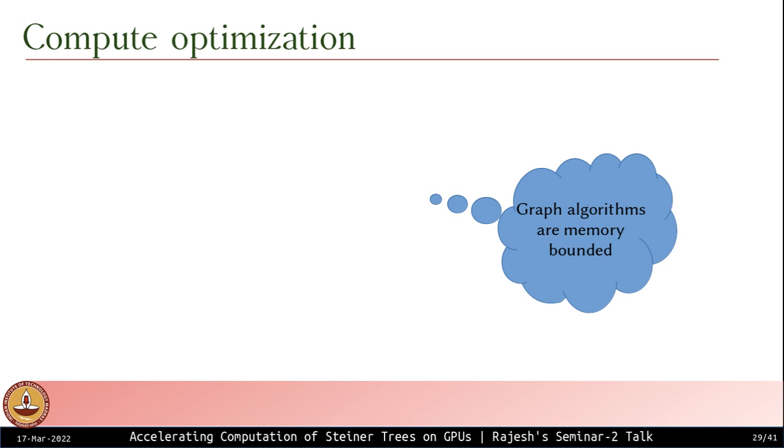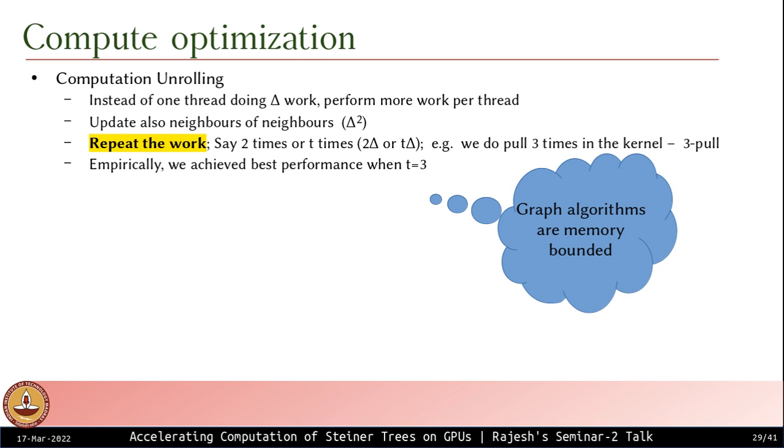Graph algorithms in general are memory bound, so there are lots of load and store operations happening in an irregular fashion. So it is essential to do compute optimization. In a pull based approach, each thread is performing relax on the neighbors, which could be delta many work, where delta is the max degree of the graph.